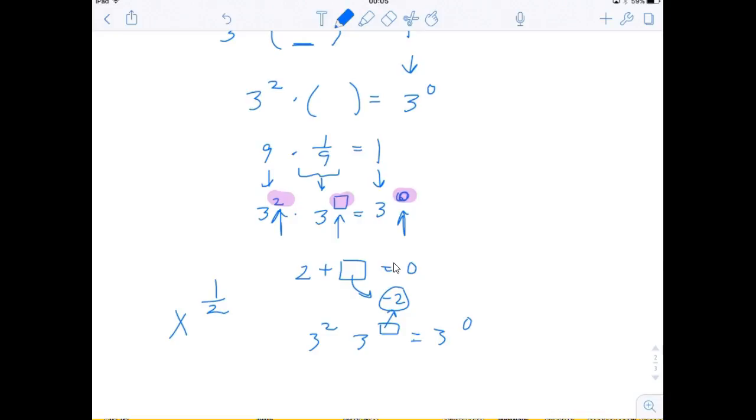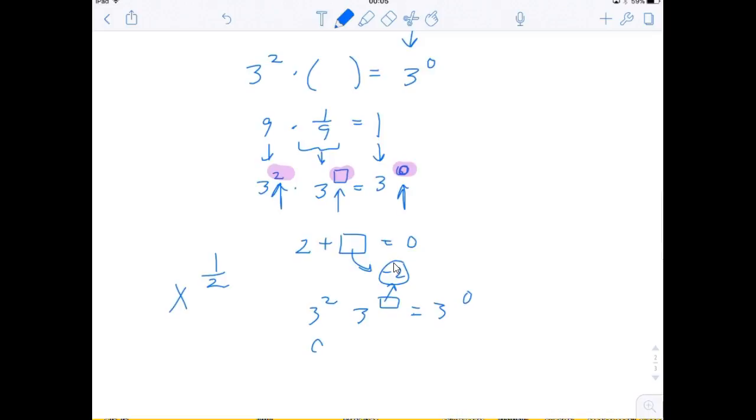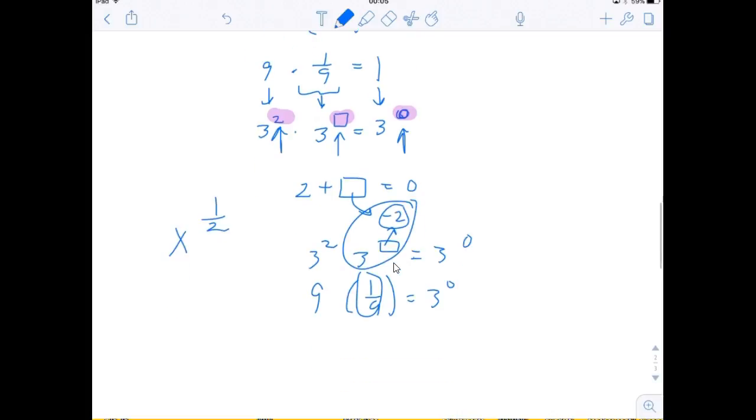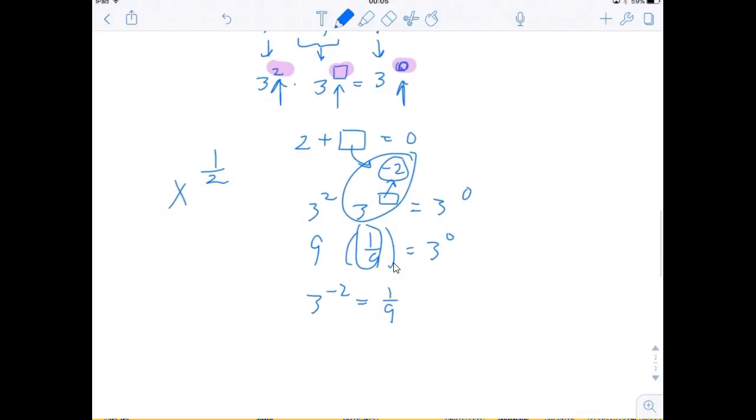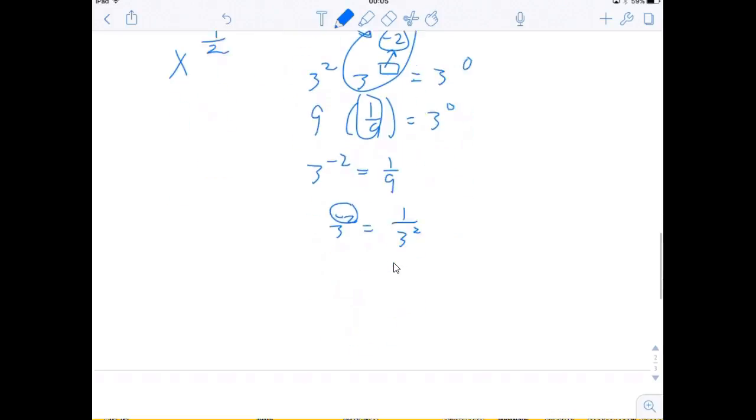Okay, so we've also just shown that 3 to the negative 2 is 1/9. 3 to the negative 2 equals 1/9, which means that 3 to the negative 2 is equal to 1 over 3 squared. Okay? So a negative exponent means you invert it, basically.